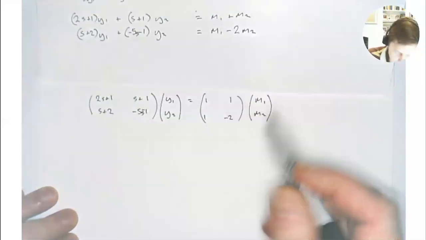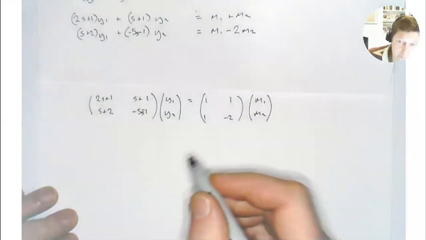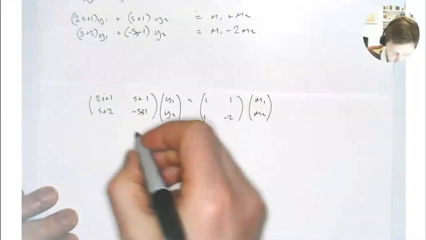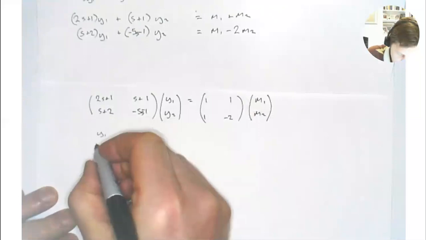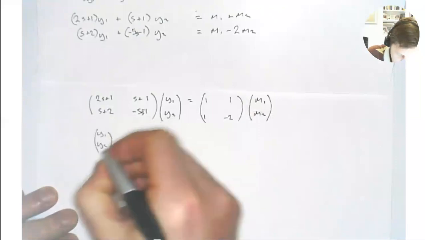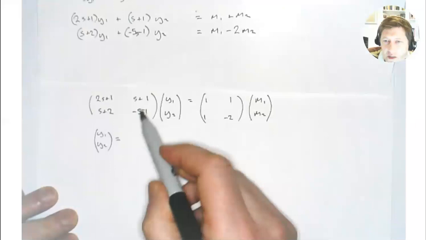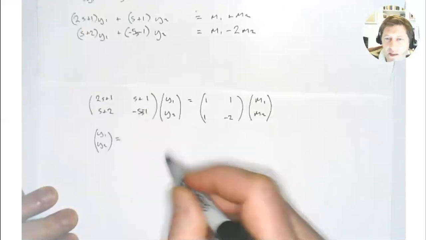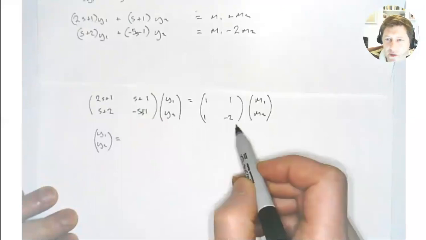And now they're written as a matrix, we can rearrange that conveniently to get our expressions for y1, y2. So we need to multiply by the inverse of this matrix, and that will give us an expression for y1, y2.